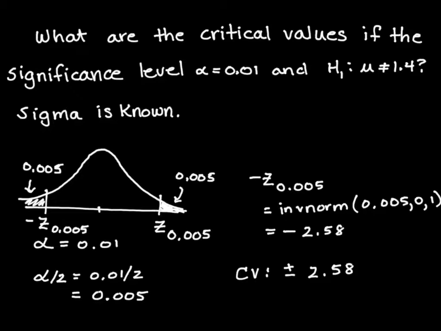Since negative z sub 0.005 is negative 2.58, then z sub 0.005 must be positive 2.58. So our critical values are plus and minus 2.58.